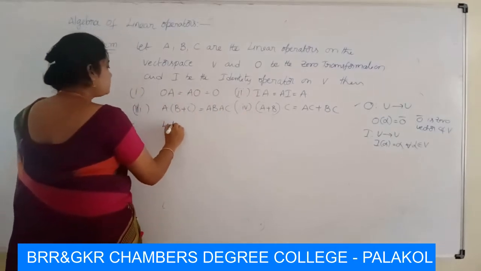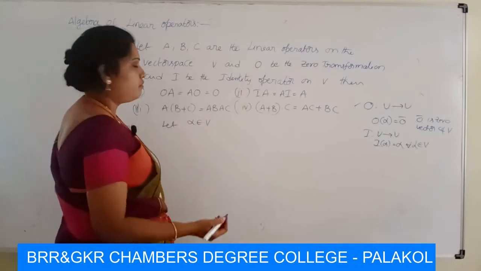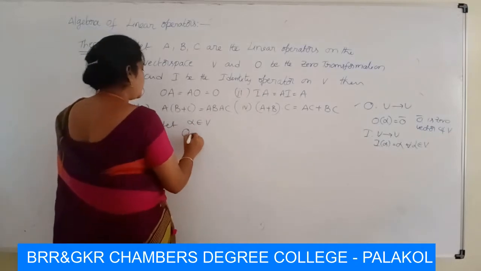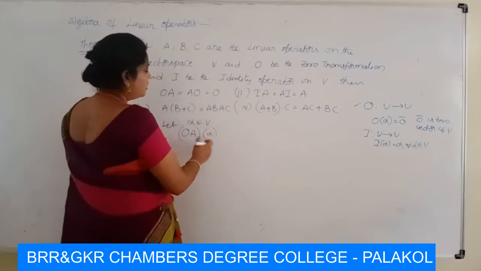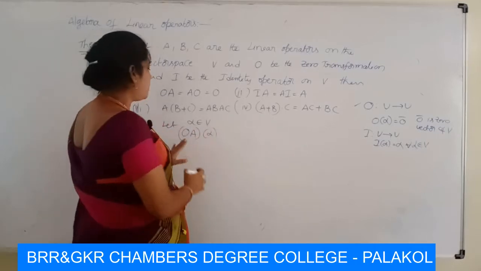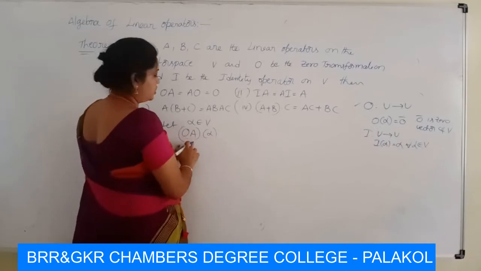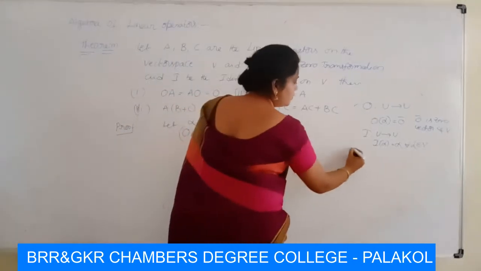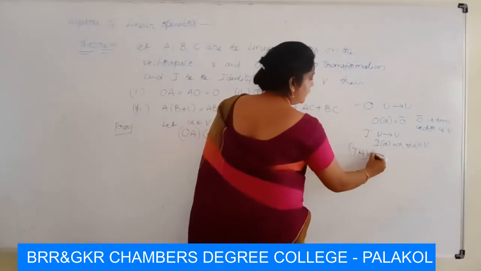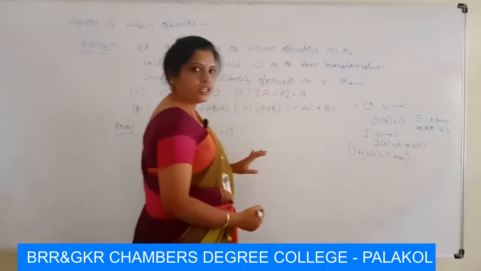Let alpha belong to V. Our arbitrary element is alpha. So OA of alpha is a product of the transformations. The product of transformations TH of alpha is T of H of alpha.